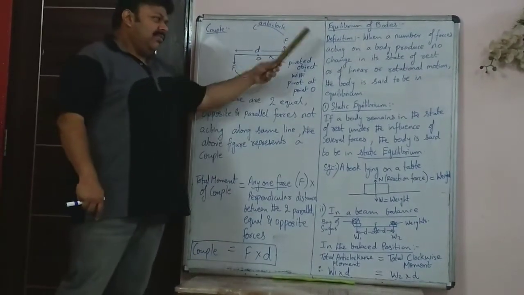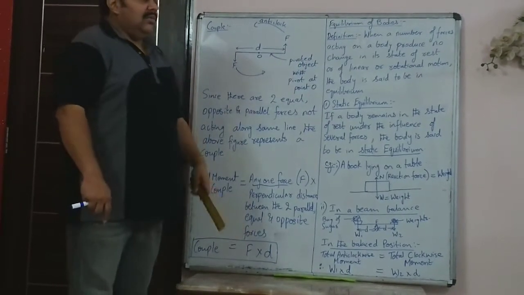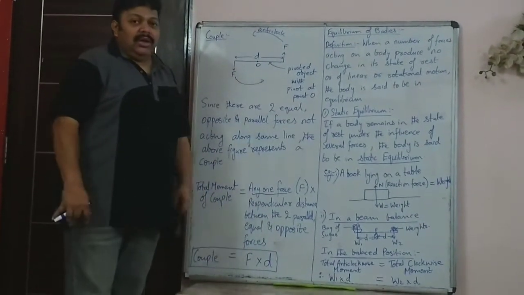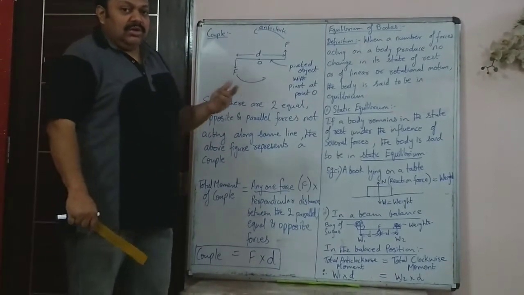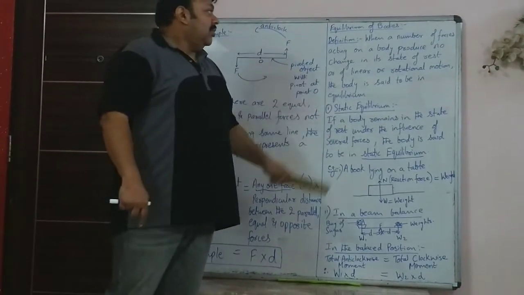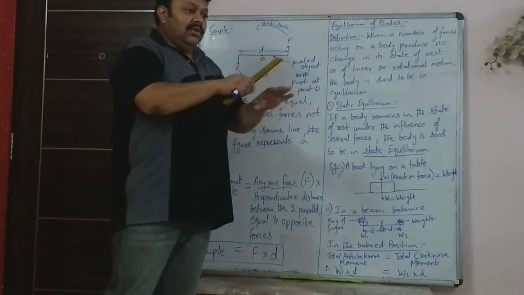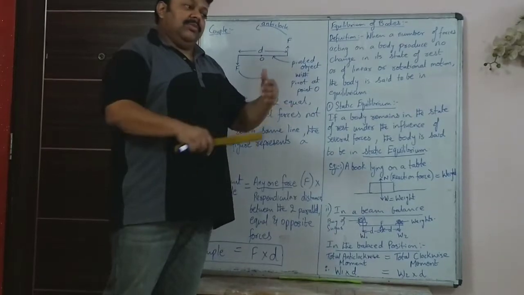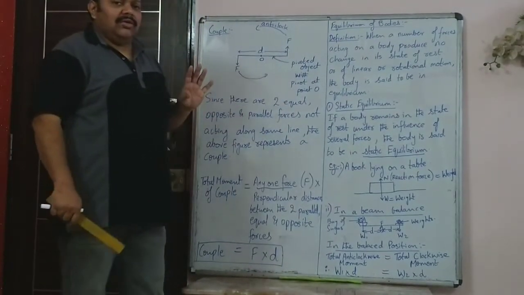Next, we've seen a certain amount of these things in standard 9 when you did equilibrium, and you had learned inertia of rest and inertia of motion. What does equilibrium mean? The body is in a state of rest, or it may be in a state of uniform motion even though forces are acting on it.